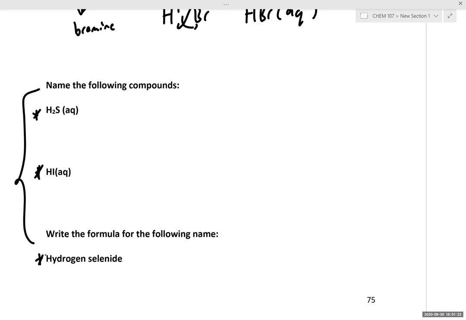Let's try to get a few more responses in the chat. But the responses I'm seeing so far look good. They even have the right state symbols, which is great to see.